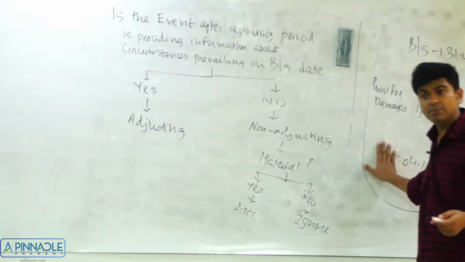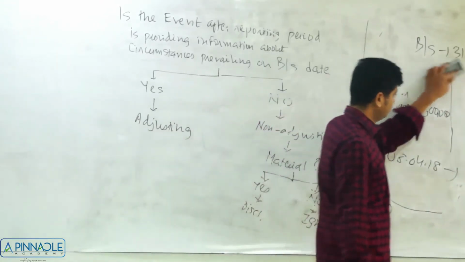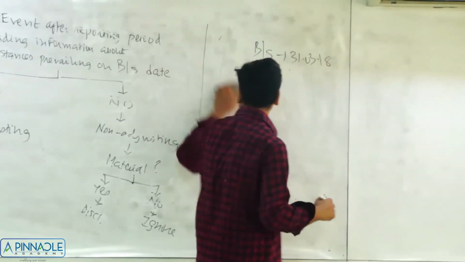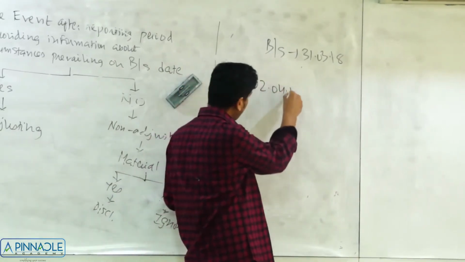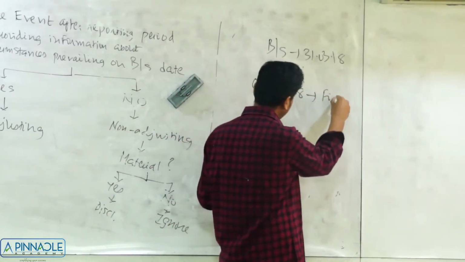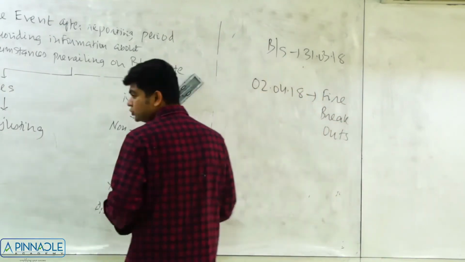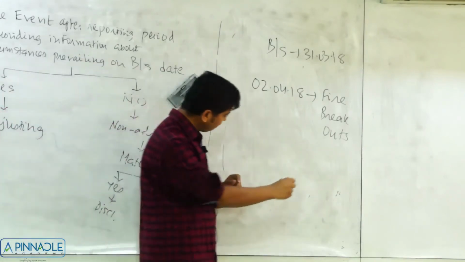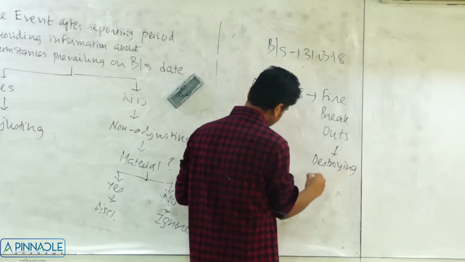Let's take one more example. Let us say you are closing your books on 31st March 18. So you are preparing your balance sheet on 31st March 18, and you know what happens? Just 2 days after that, on 2nd April 18, a major fire breaks out, and this fire is destroying your godown, let's say.